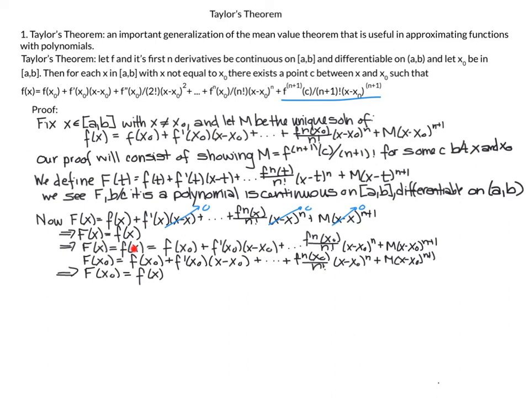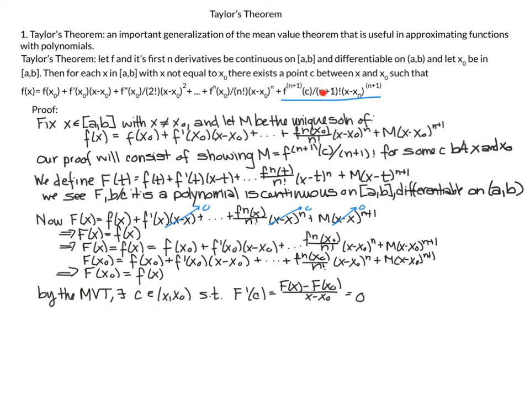I can plug in x naught into my capital F, so I have capital F of x naught is equal to little f of x naught plus the derivative of f at x naught, etc. And then if you look, what I have is F of x naught is equal to f of x. Where's f of x? Over here. So big F of x naught is equal to little f of x. By the mean value theorem then, I have a c between x and x naught.